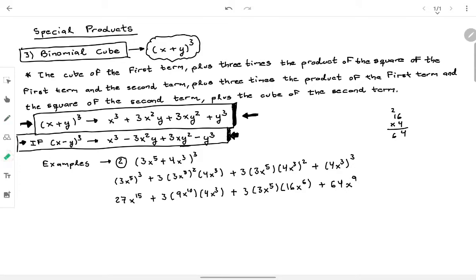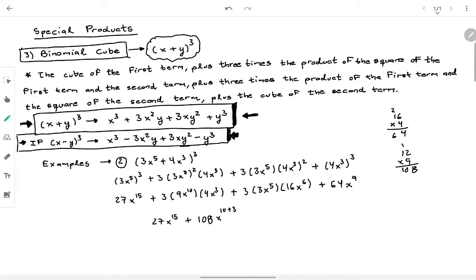So the final answer is going to be something like 27x to the 15 plus 12 multiplied by 9. It's going to be 108. We have x to the 10 plus 3.